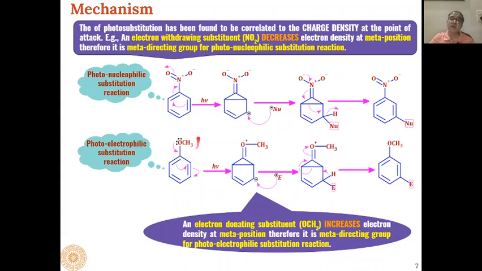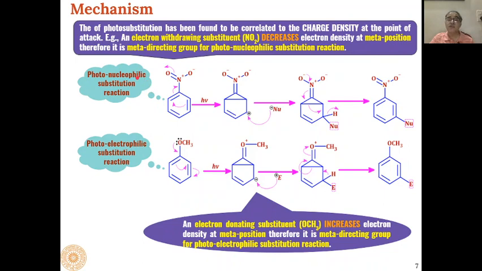Similarly, in case of photoelectrophilic substitution reactions also, if we have an electron releasing group, it acts as a meta directing group. The basic reason for this type of behavior in the excited state is dependent on the charge density at the point of attack. As we know, in photonucleophilic substitution reaction, the attacking species is a nucleophile, whereas in photoelectrophilic substitution reactions, the attacking species is an electrophile.